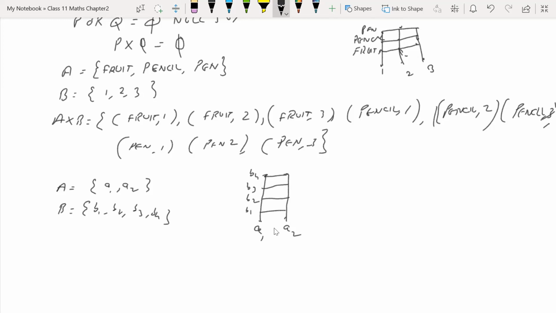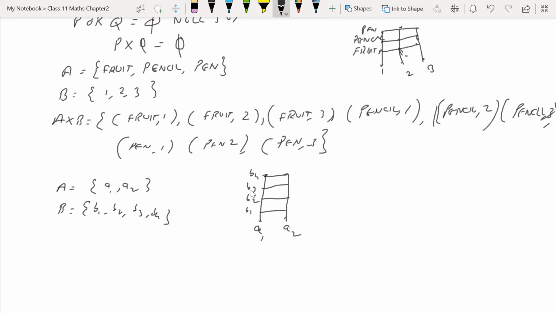First of all, the pairs are (A1, B1), (A1, B2), (A1, B3), (A1, B4), (A2, B1), (A2, B2), (A2, B3), (A2, B4).